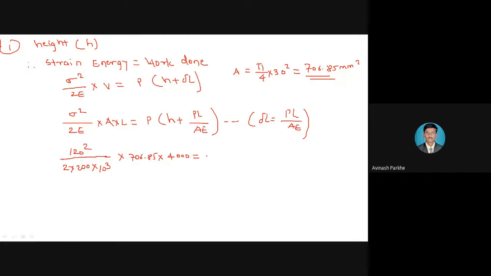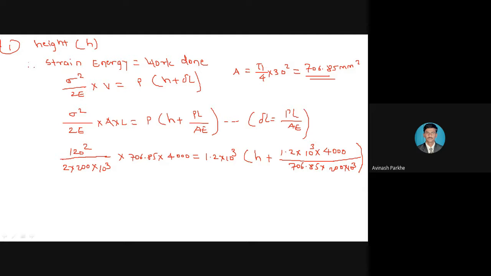P is given as 1.2 kilonewton, so 1.2 into 10 raised to 3 Newton, in bracket H, the parameter we have to calculate. So H plus PL, 1.2 into 10 raised to 3 into length 4000, divided by area 706.85 into E 200 into 10 raised to 3.